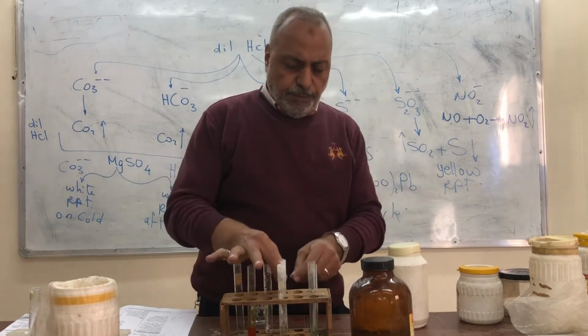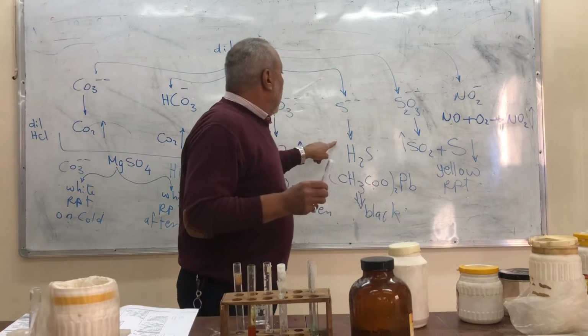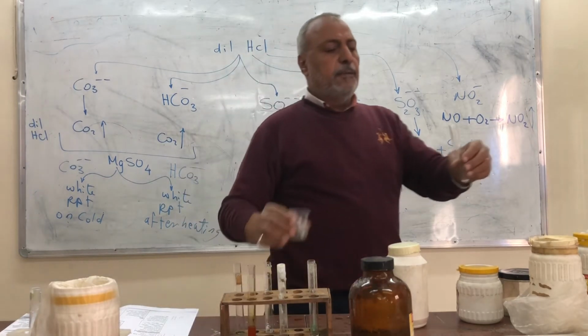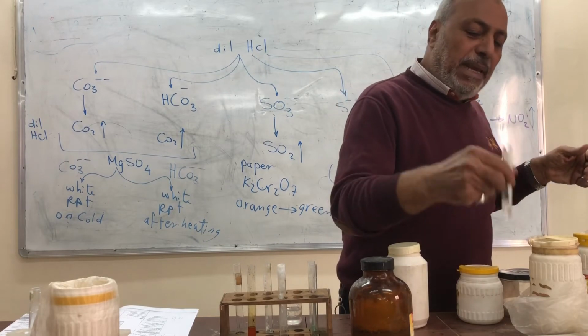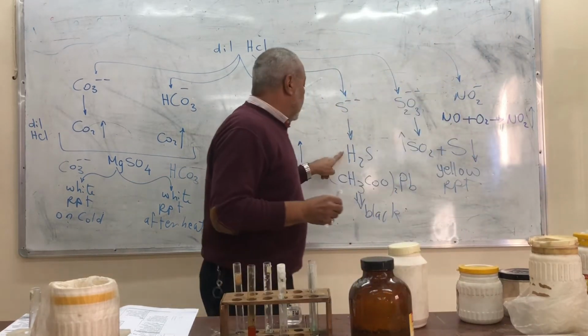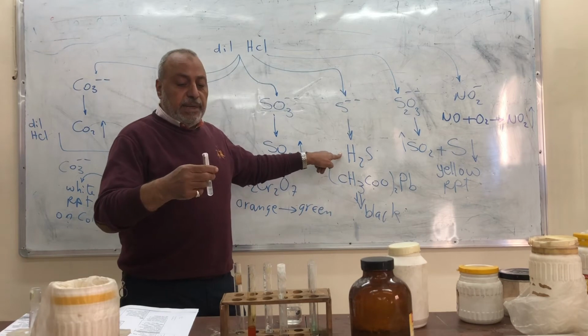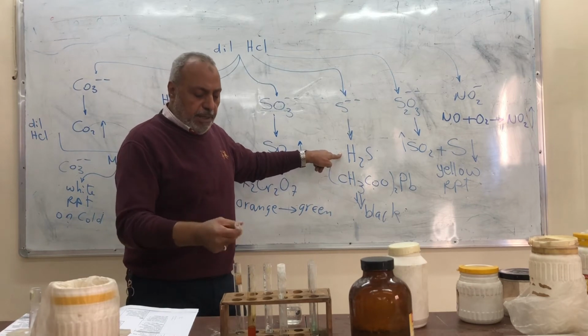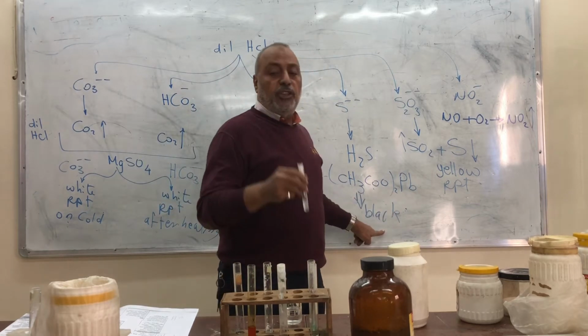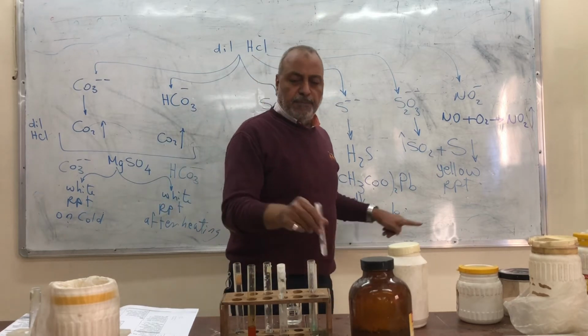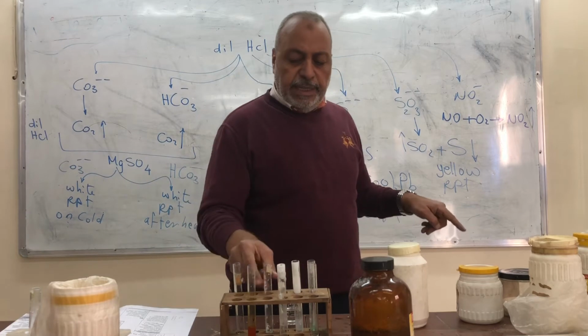Number two, sulfide. We add dilute HCl to it and it produces a bad smell gas, H2S. We can test the presence of H2S by paper wetted by lead acetate. It will change into black.